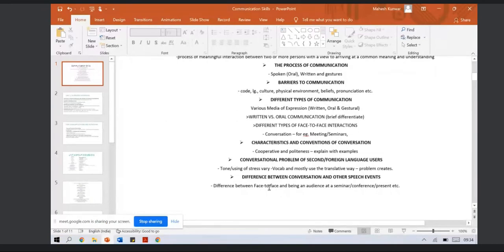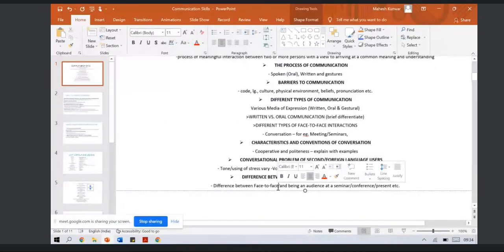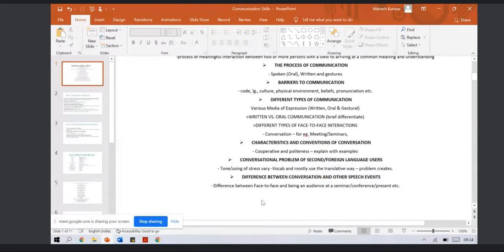But if you contact SBI customer service, they will ask you a lot of questions and they will understand. That's the difference I'm telling you between face-to-face communication. That can also be face-to-face communication. And the other type of speech event, being an audience or the decoder, is different.